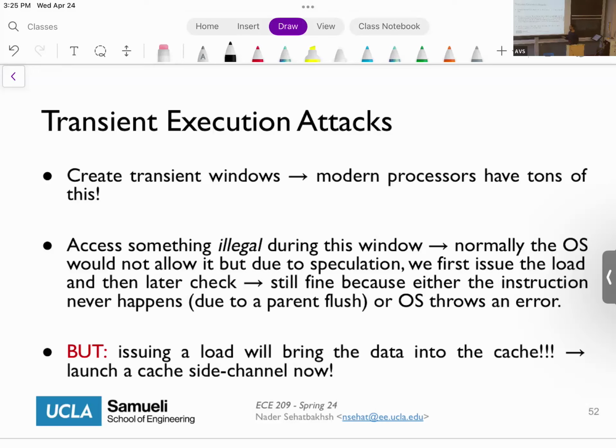Now the idea of these transient execution attacks is this: during this transient window, do something illegal. Do something that you normally couldn't do. For example, access a particular address in memory that, if you did it in a real system, would have given you an exception. When you do it in the transient window, you're not going to be caught.